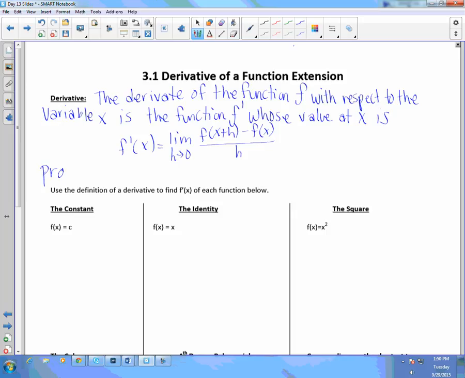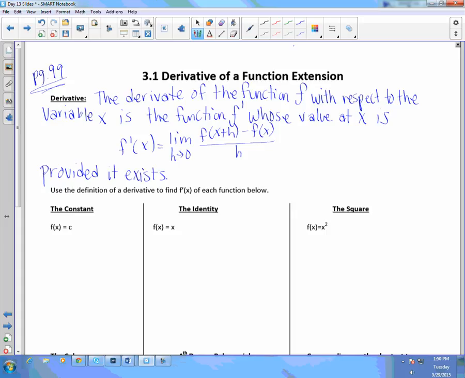Provided it exists. This came from your book, page 99. So we already know how to do this with instantaneous rate of change.